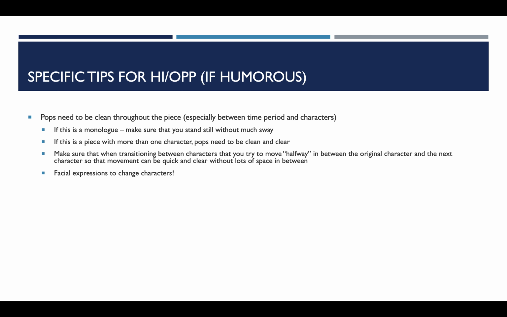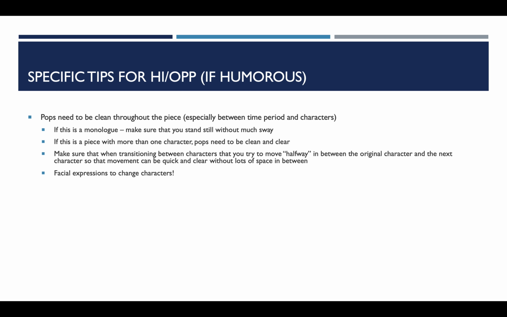You also want to make sure that when we transition in between characters, that you move halfway in between the original character and the next character, so that when you pop, you can be quick and clear without lots of space in between. So for example, if character A is handing something off to character B, perhaps you can stick your hand out towards the audience as character A, and then pop into character B, and then your hand's already there, right?